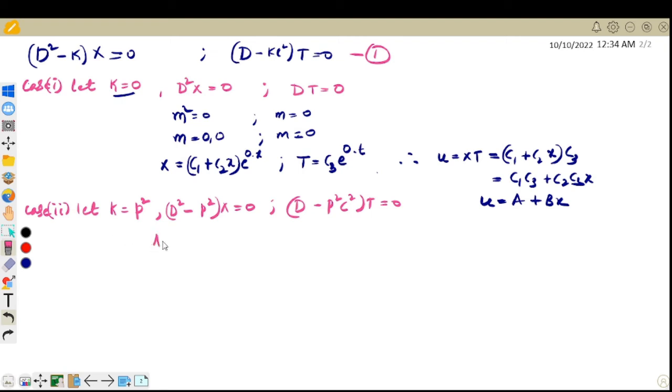So what are the auxiliary equations? Auxiliary equations are m square minus p square equal to 0, m minus p square c square equal to 0.